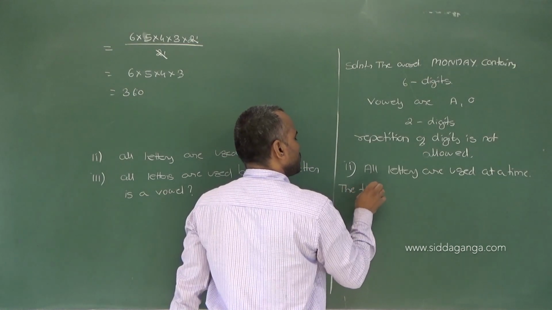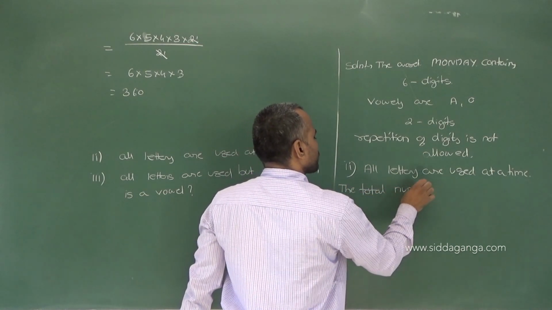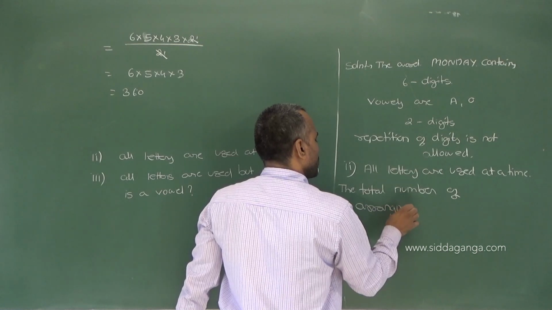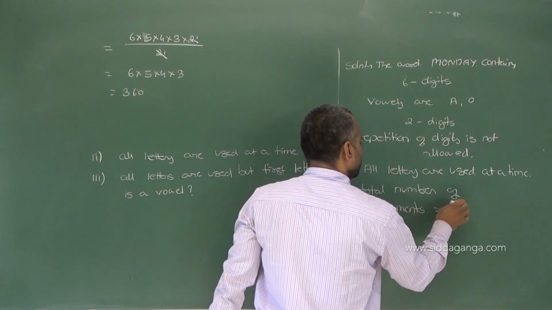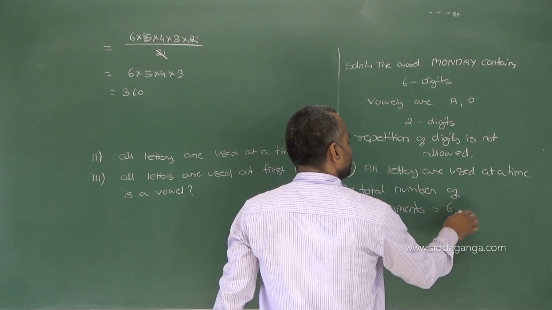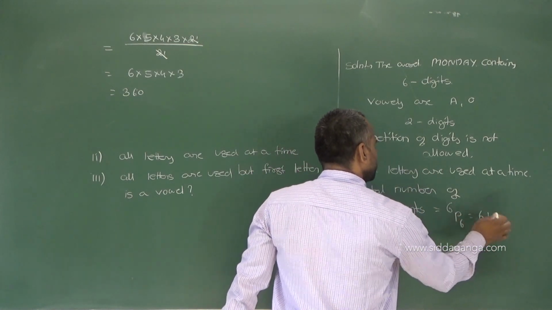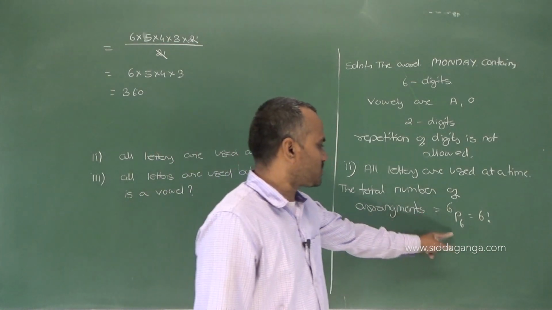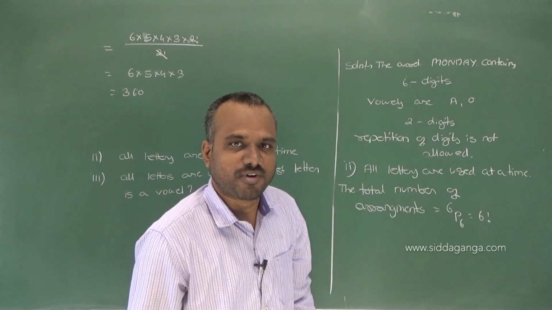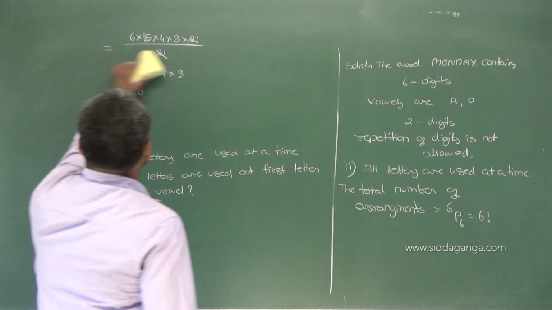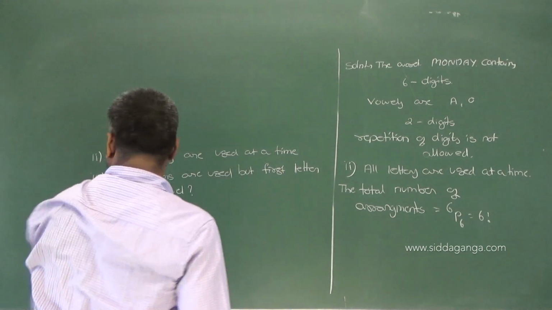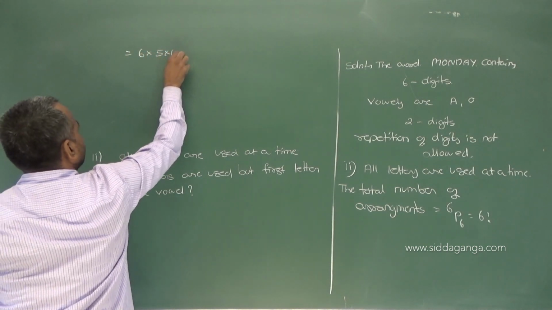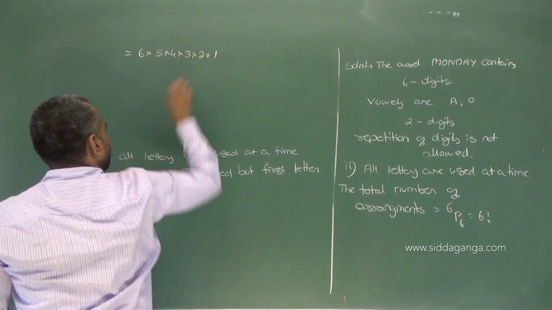The total number of arrangements is equal to, all letters are used means 6P6. nPn is nothing but n factorial, so 6P6 is 6 factorial, which equals 6 into 5 into 4 into 3 into 2 into 1.